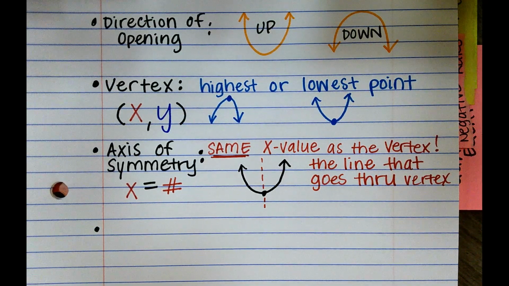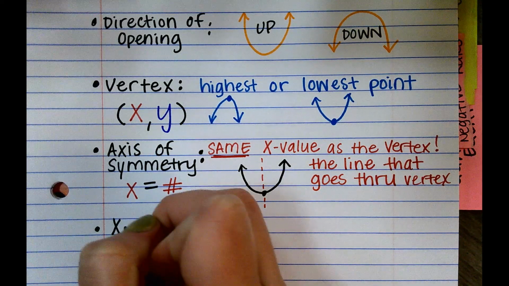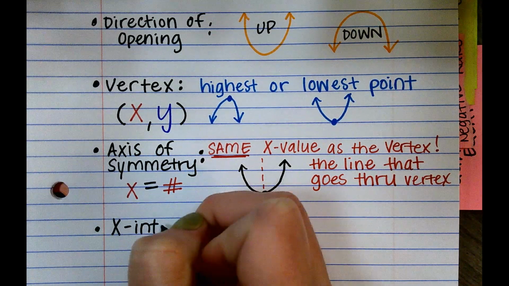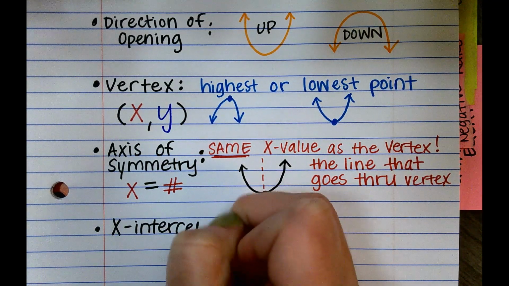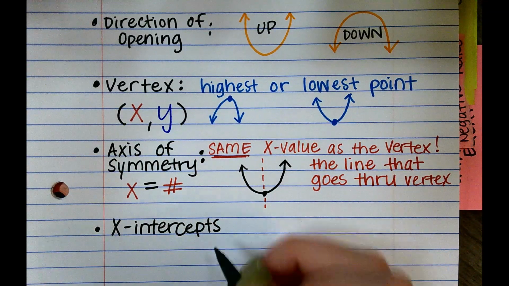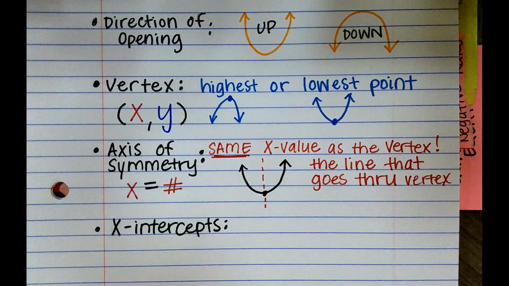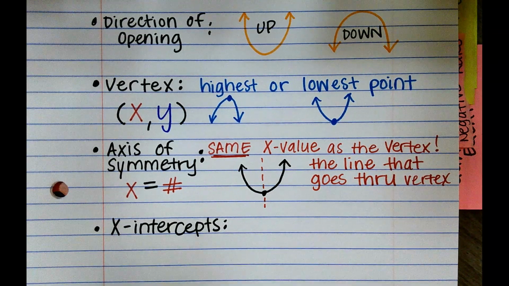Axis of symmetry, we have x-intercepts, y-intercepts. Now, x-intercepts are what we're finding whenever we use the quadratic formula.